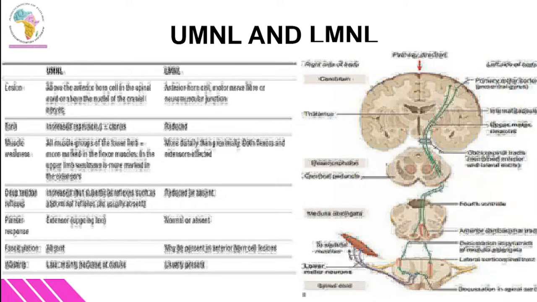As we know, it is affecting the cortex of the brain. Another example are degenerative diseases such as multiple sclerosis, Friedreich's ataxia, and also subacute degeneration of the cord, which is due to vitamin B12 deficiency.